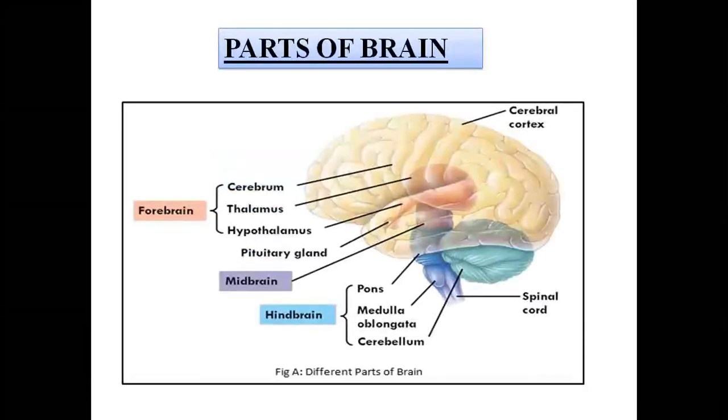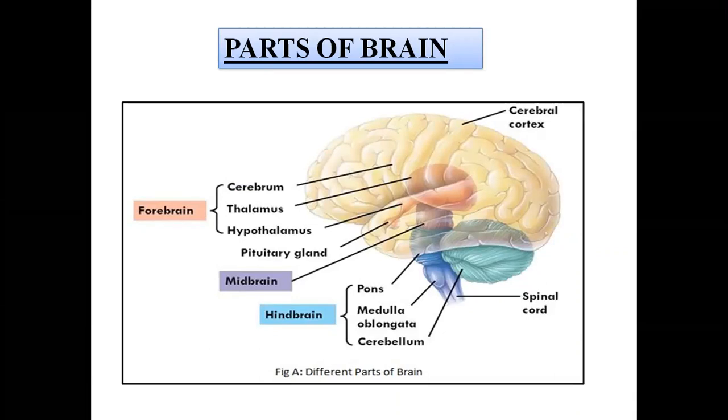Last day I discussed with you the functioning of our nervous system and the cell which is its structural and functional unit, that is the neuron, its parts and the functions of its different parts.